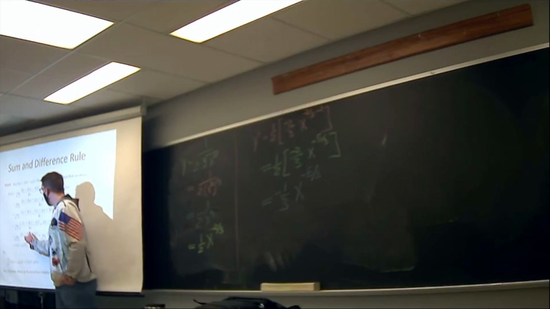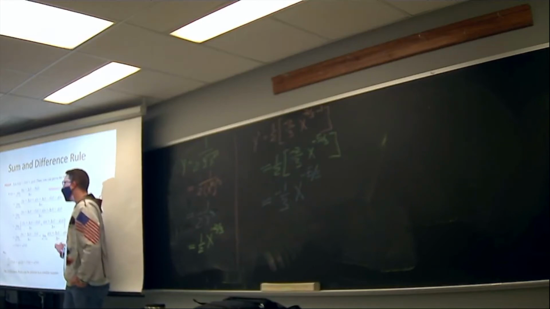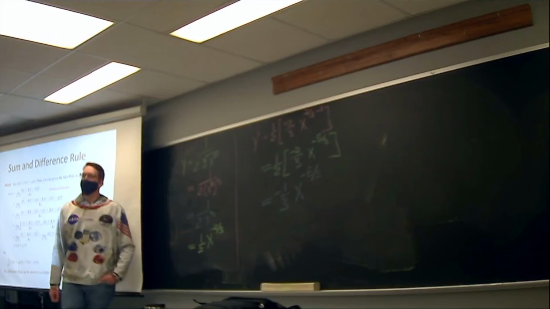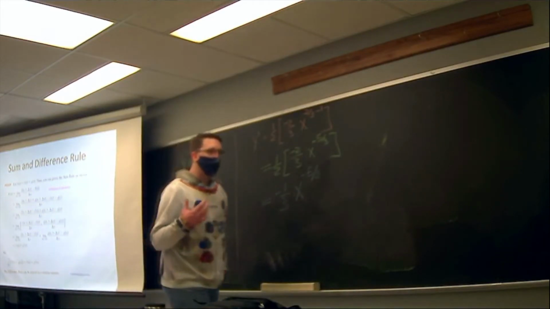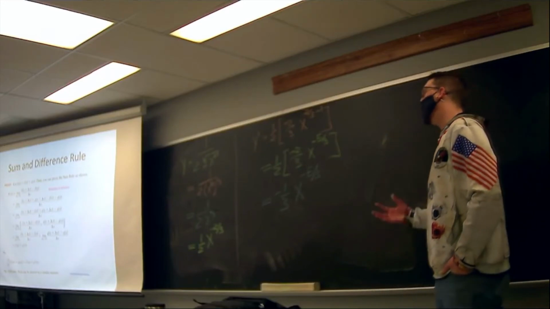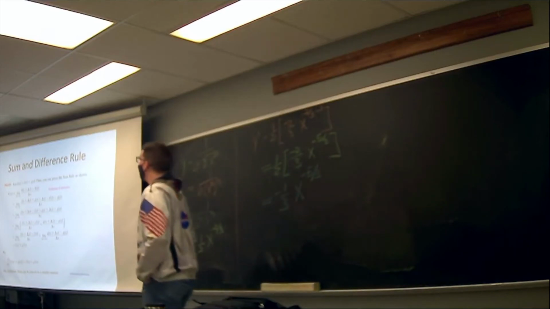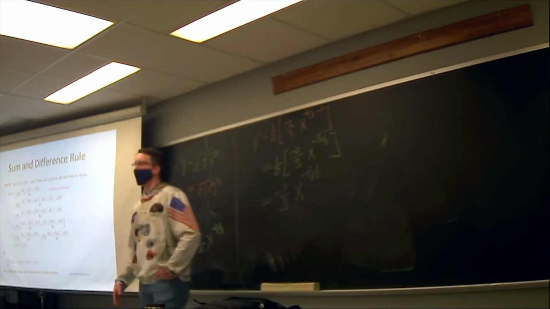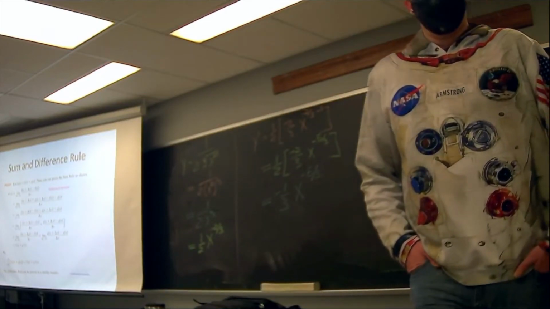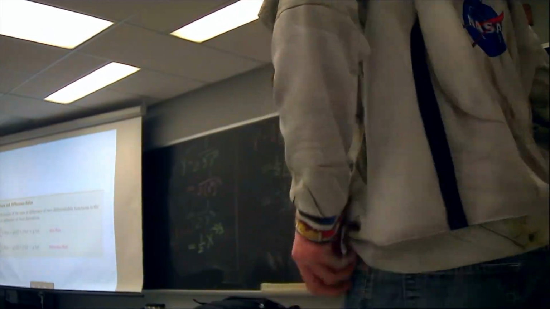But this is a derivative of f of x. This is a derivative of g of x. So we get that the derivative of the sum of functions is equal to the sum of the derivatives of the functions. Similarly, we're going to get the same thing for the difference of functions. Sum and difference rule.